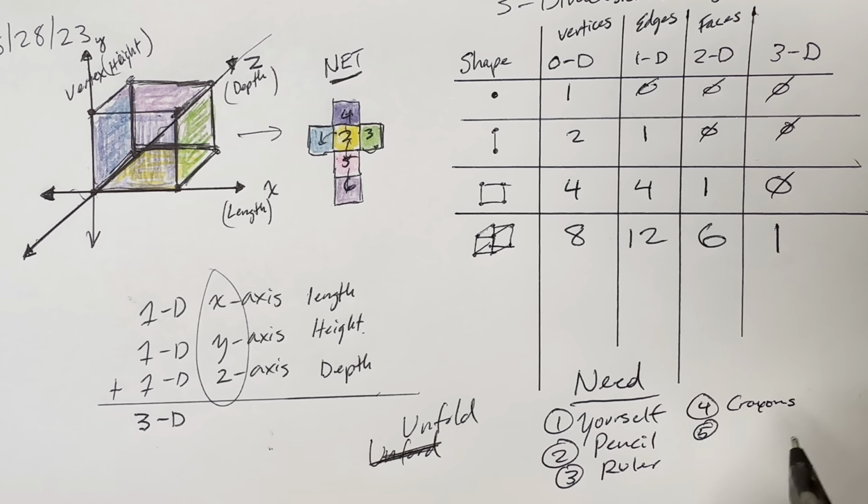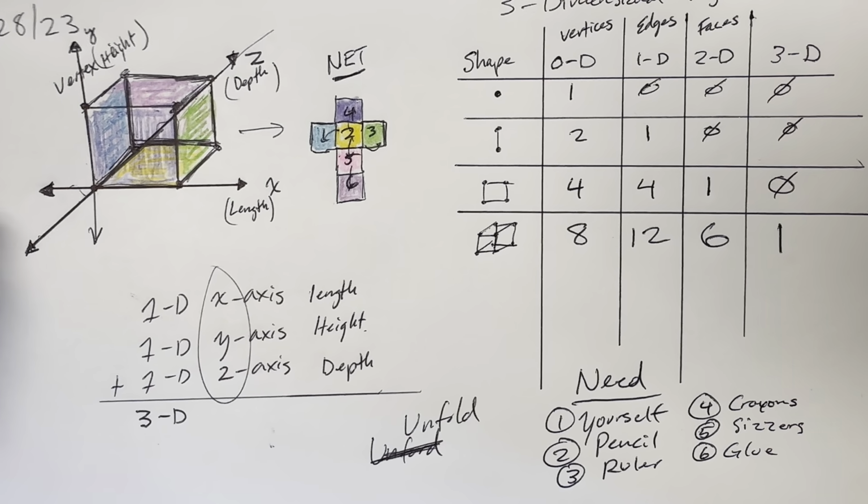And then you're also going to need scissors. Borrow them. Make sure you're doing the right thing in the right way for the right reason. And you're also gonna need glue. Glue sticks, glue, you know, help each other out.